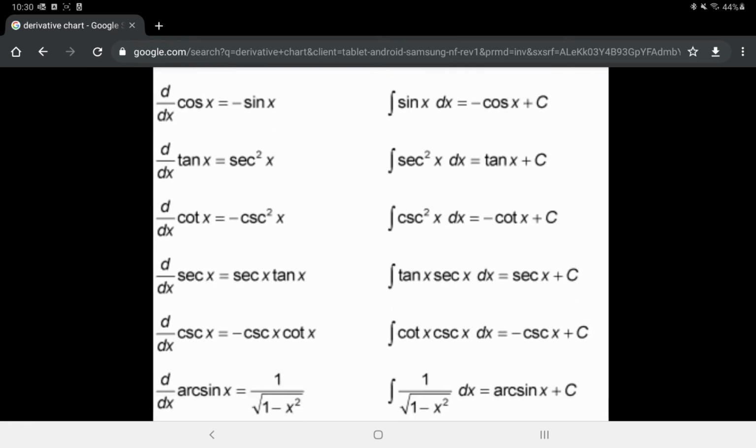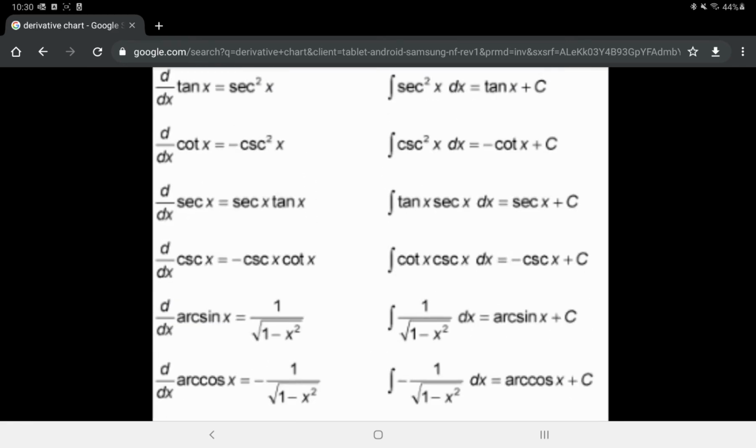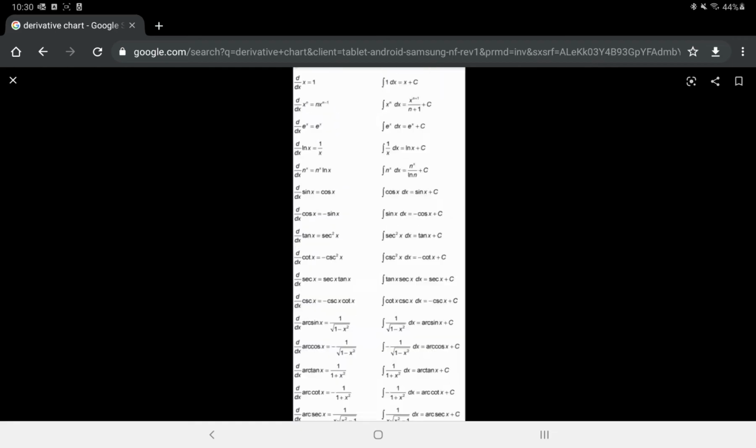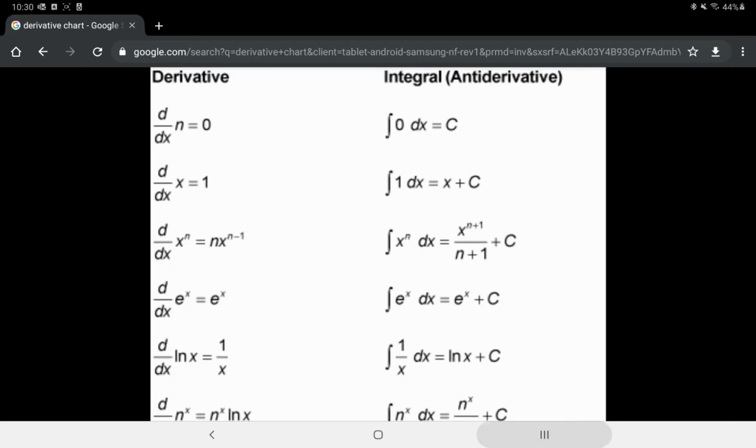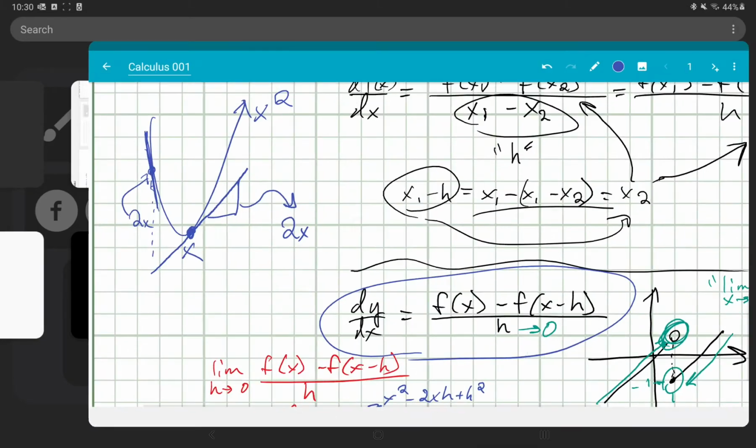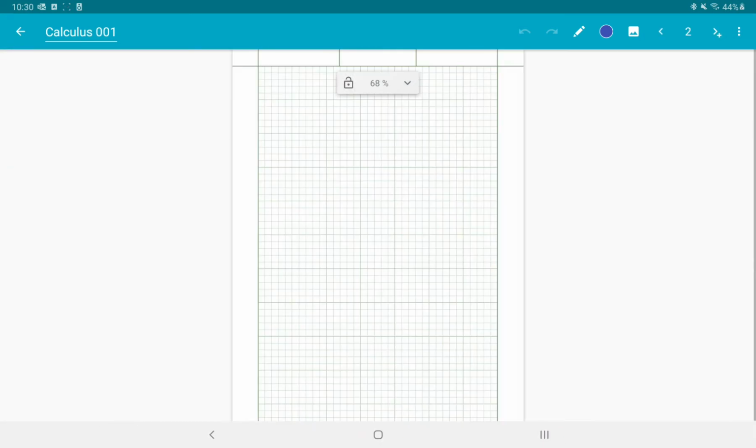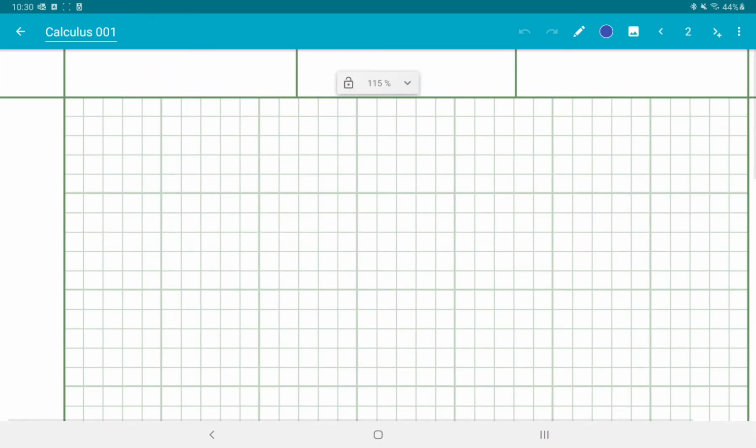You get this table. Now, it works a lot like you'd expect it to. If we go back to our example, which is x squared becomes 2x, then what does 3x squared become? Well, it's pretty easy.